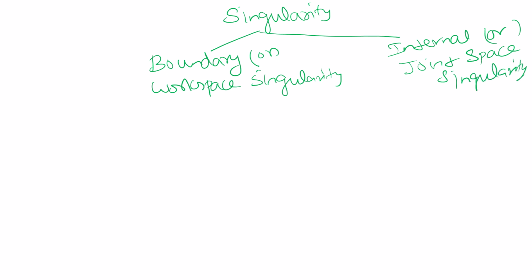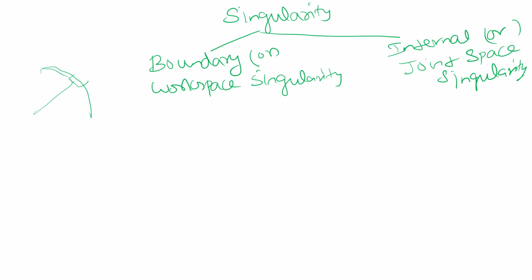So there are two types of singularities. The first type is the boundary or workspace singularity. When the manipulator is trying to reach the farthest extent of the workspace, that is, if this is the workspace limit and the manipulator is trying to reach the farthest end of it, then that gives a singular configuration. That singularity condition we call boundary or workspace singularity.